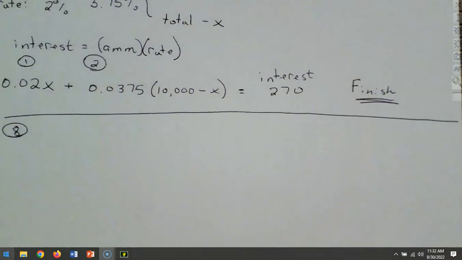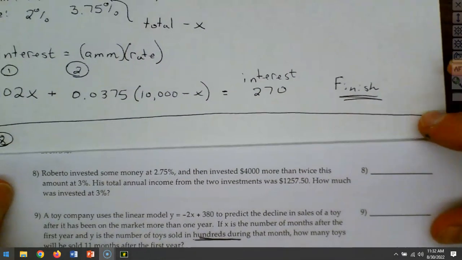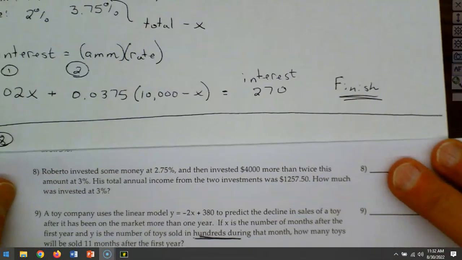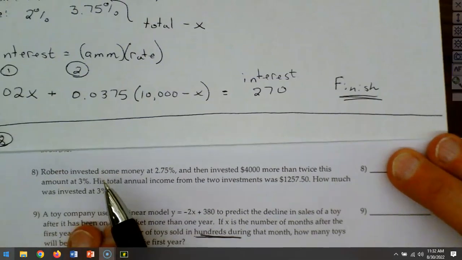Question 8. Let's look at question 8 here. We'll work this one out, and then we'll start 1.3. So question 8.